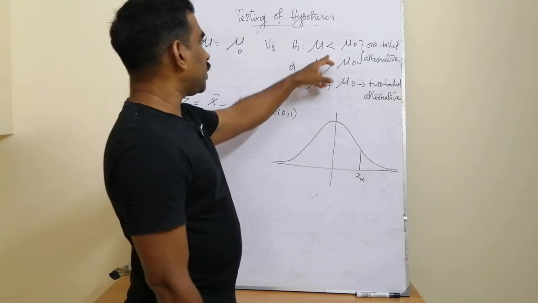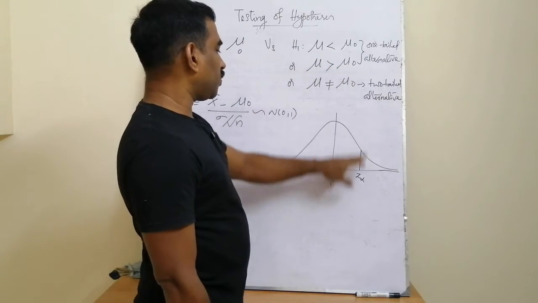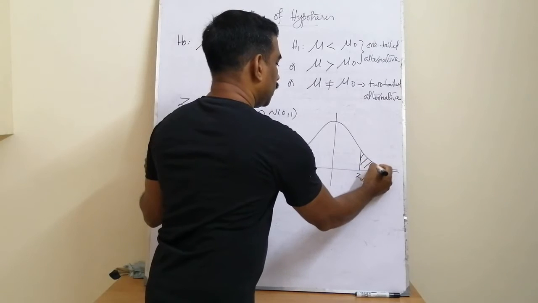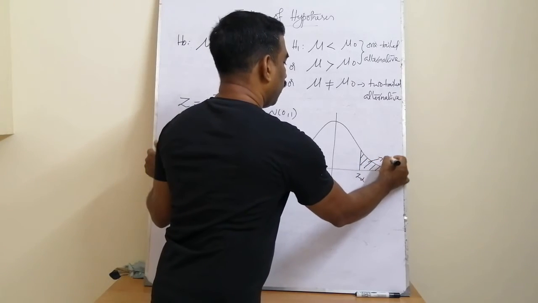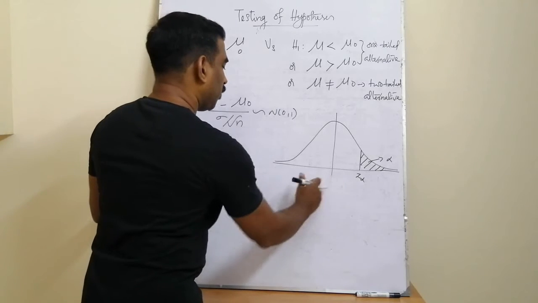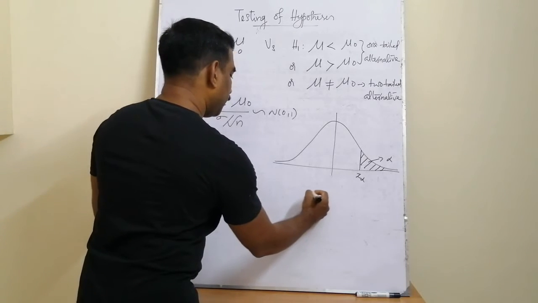For the one-tailed hypothesis mu greater than mu naught, suppose we are fixing one value, say z alpha, with this tail probability as alpha, or the corresponding tail probability may be on the left hand side.